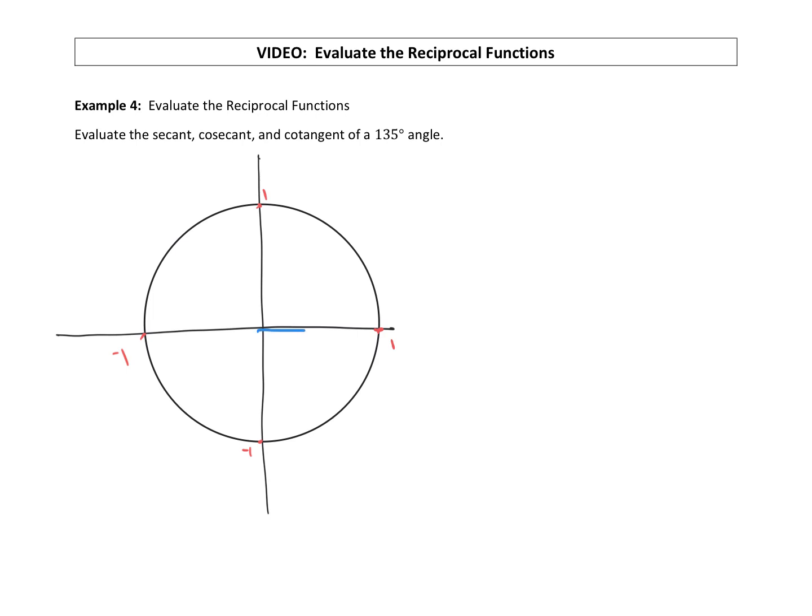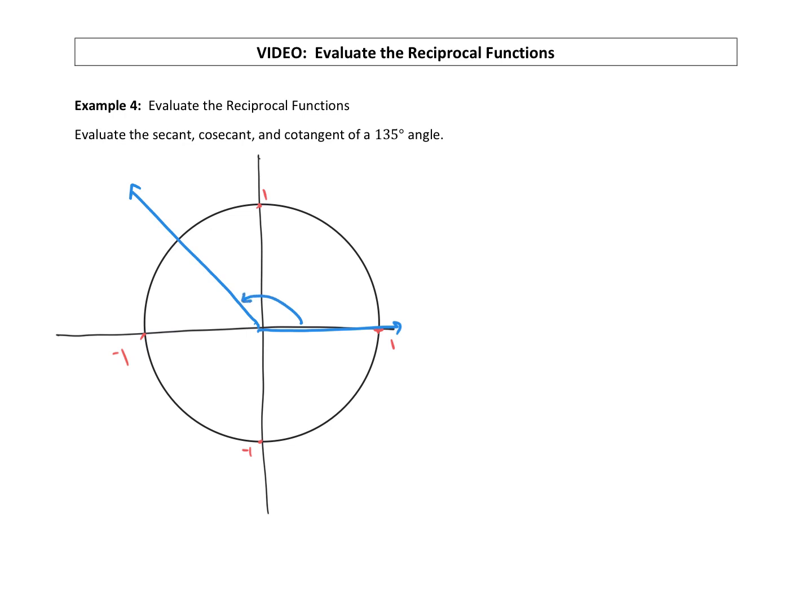We've got our initial side. 135 degrees, here to here is 90. 135 is another 45 degrees into that quadrant. So we're going to go halfway. And here's our 135-degree angle.